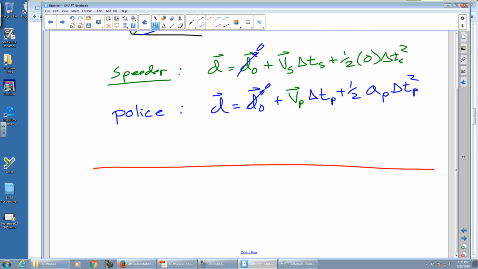Let's look at it from the idea of relative velocities. I'm going to draw a little picture here to help us. Here's our police car. Here's our speeder. We have tail fins, I don't know. Let's take it from the frame of reference of the speeder.